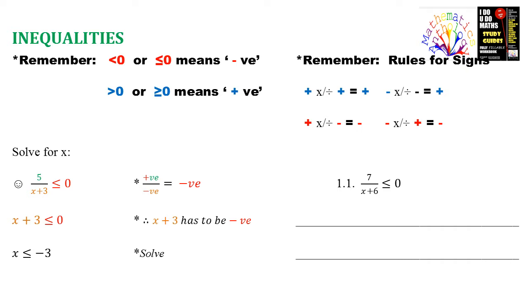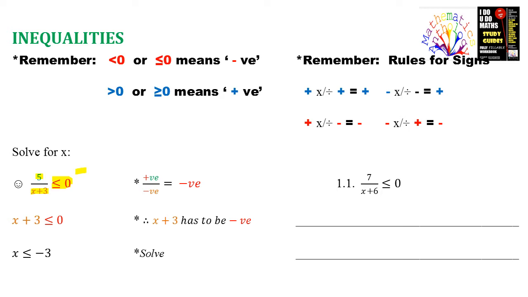Okay, so the first one here we have 5 over x plus 3 needs to be less than or equal to 0. Now we said that less than or equal to 0 means negative. For a numerator divided by a denominator to be negative, we need either a plus times a minus or a minus times a plus.